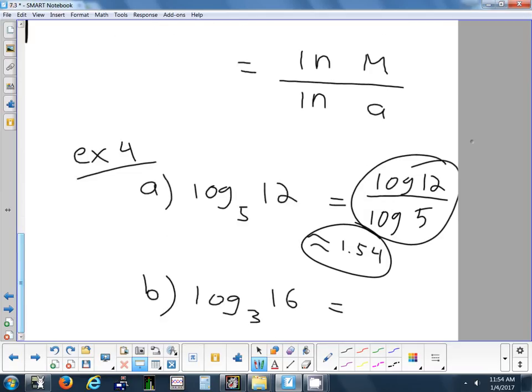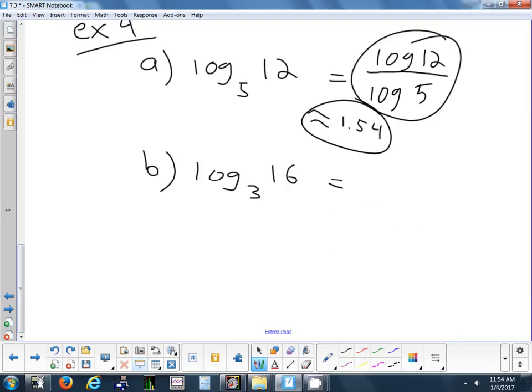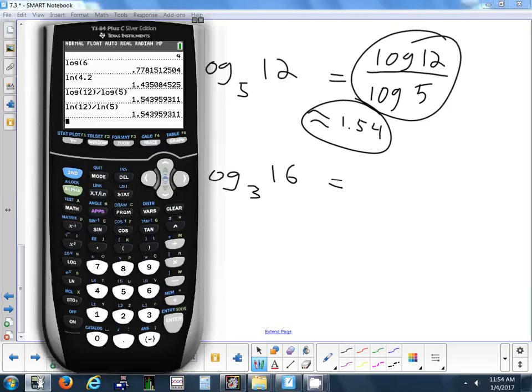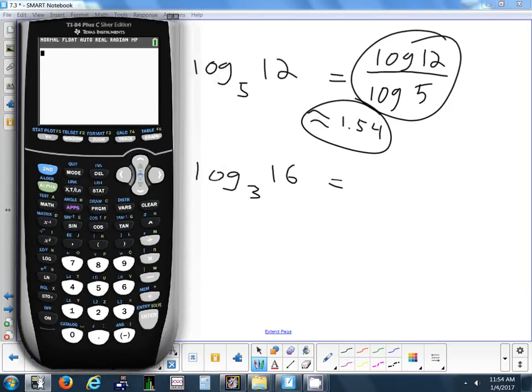Okay, and we'll finish up with log base 3 of 16. All right, so Connor, how would I rewrite that so I can type it in? Divide the log. You divide by... Okay, so you tell me what I press.